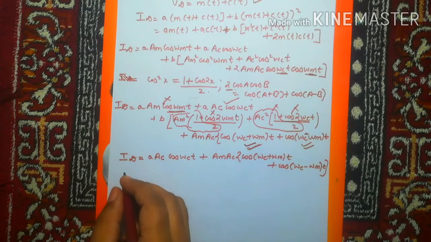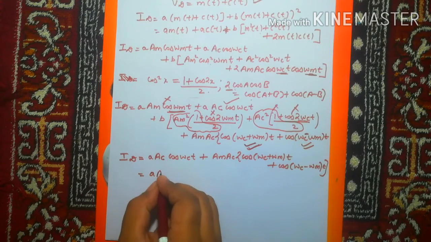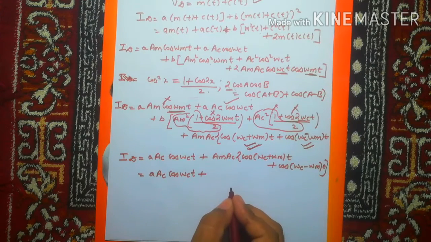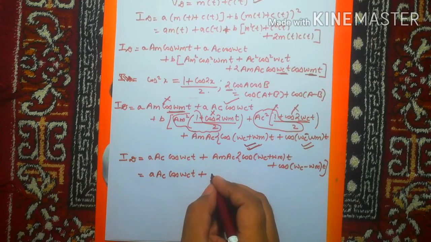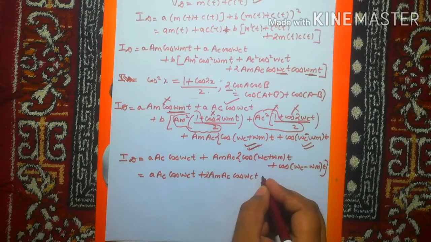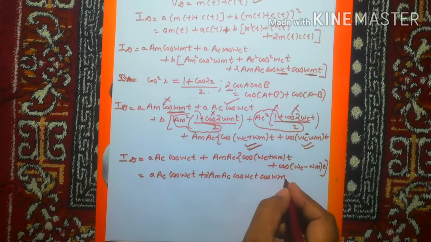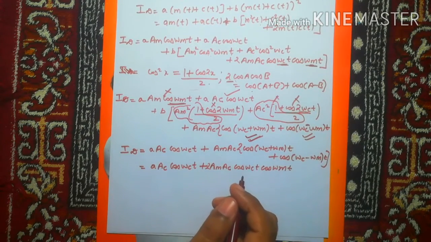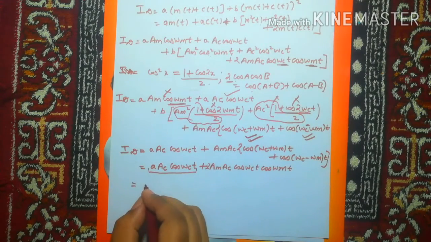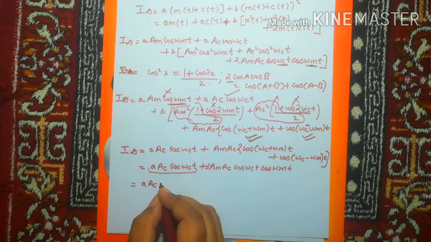So how can I write it? A into Ac cos of omega ct plus twice of AmAc cos of omega ct cos of omega mt. Let us take A Ac cos omega ct common from both the terms.